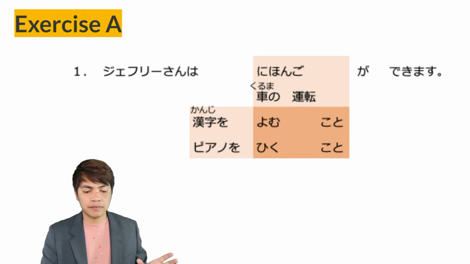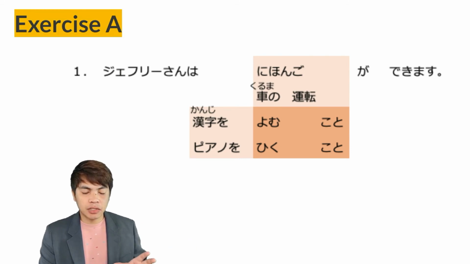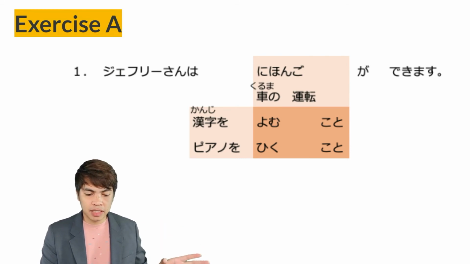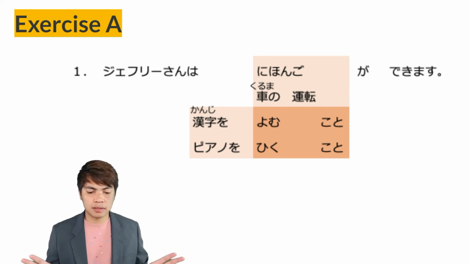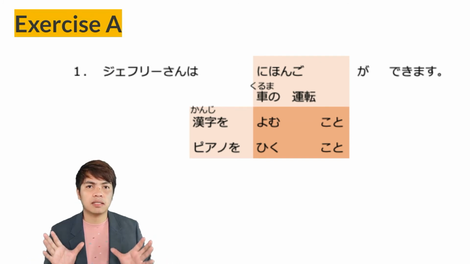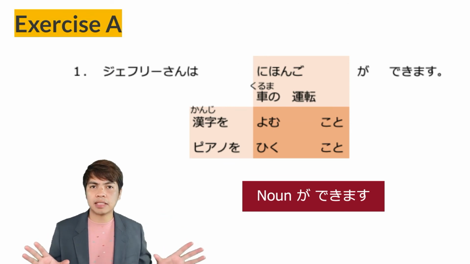Next, Jeffrey-san wa kanji o yomu koto ga dekimasu. So from the verb kanji o yomimasu, to read kanji, the dictionary form of yomimasu is yomu, plus koto. It will become a noun phrase. So just remember that we are following the noun ga dekimasu pattern.